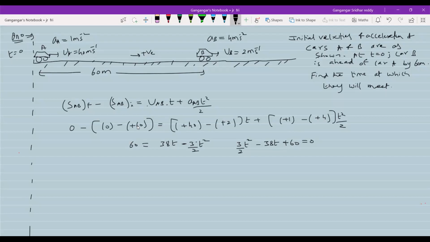Suppose they meet at 10 seconds and you've taken an interval of 0.1, I think you have to do 100 calculations. That will be really troublesome, no? So to overcome that, we are taking help of a simple approach here. There's a very good technical approach.